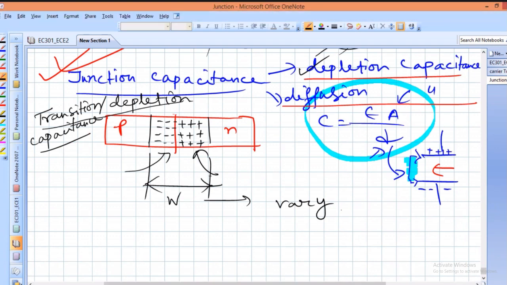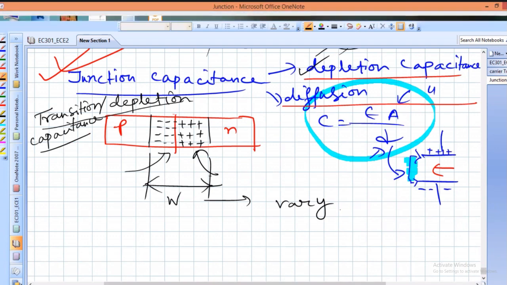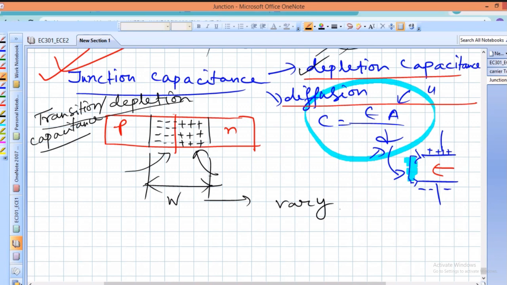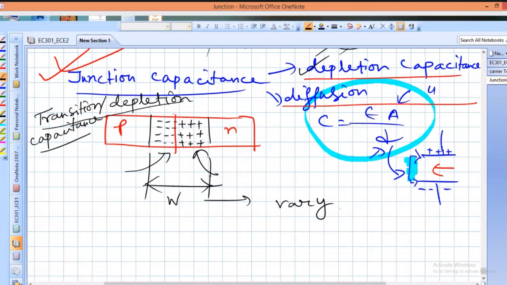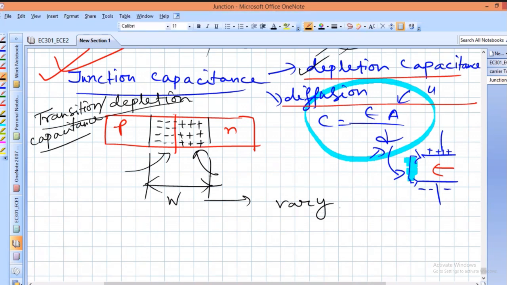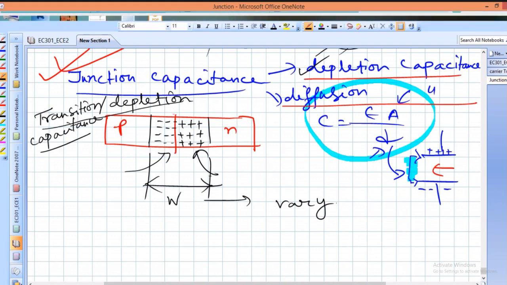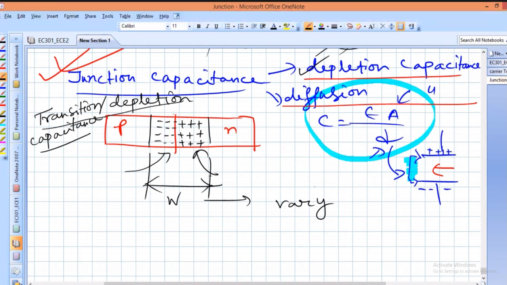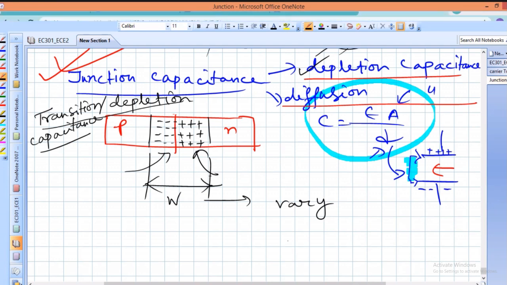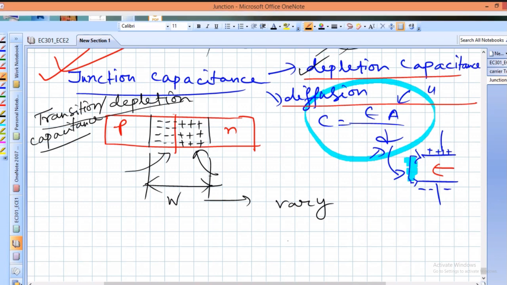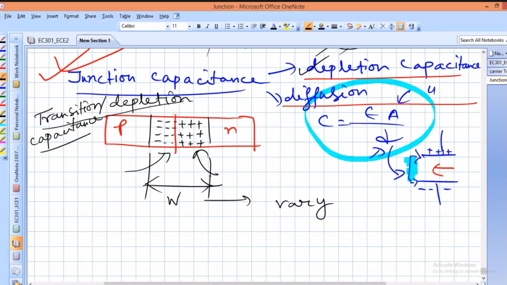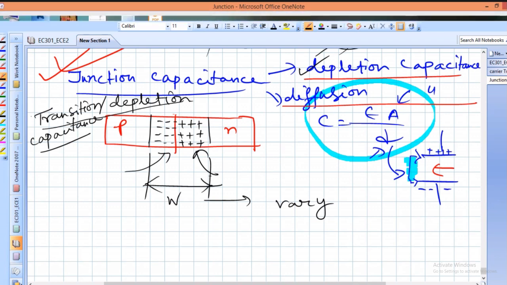Students, you already learned the PN junction diode under forward bias and reverse bias. Here, this depletion capacitance or transition capacitance will be observed considering reverse bias.